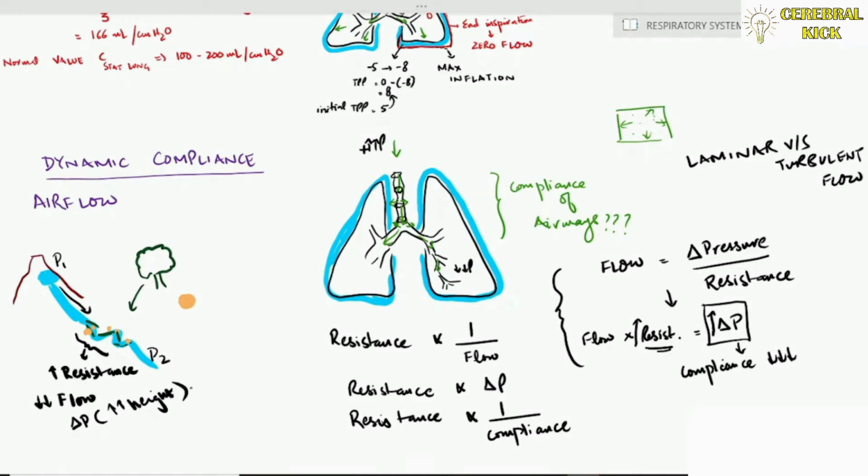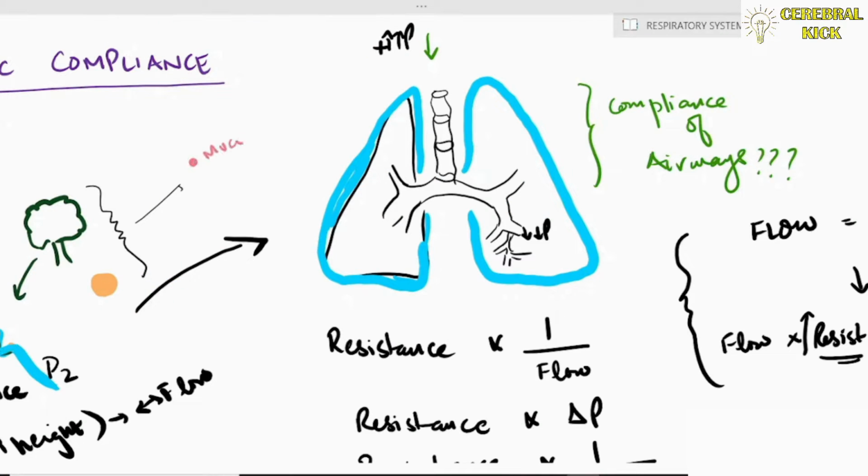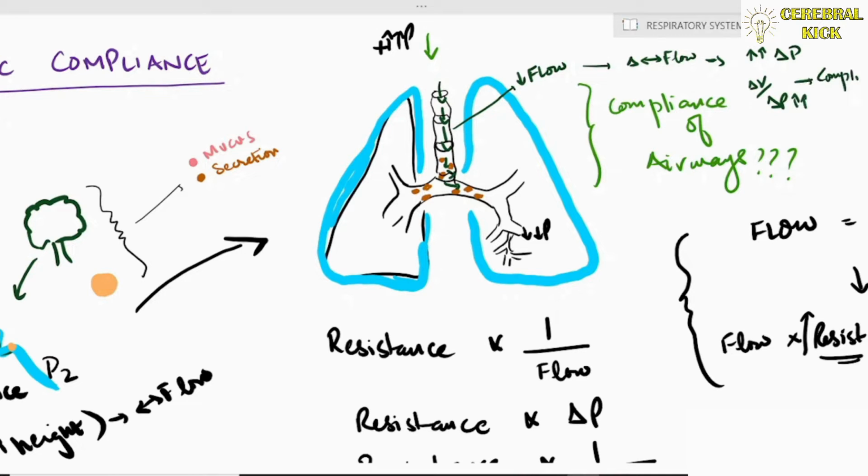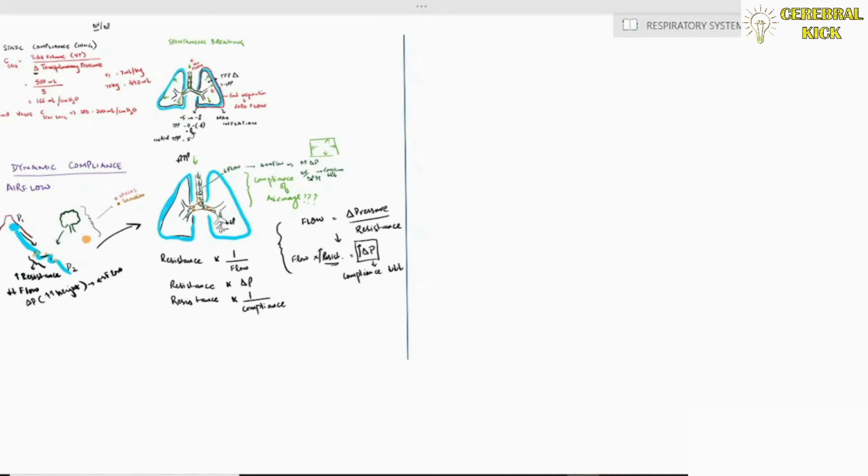In other words, compliance is reduced when resistance increases. Suppose instead of trees and rocks, we have mucus and secretions in the airways. It would increase the resistance and decrease the flow, and in order to maintain the same flow, greater pressure would be required, and this would reduce the compliance of the airways.